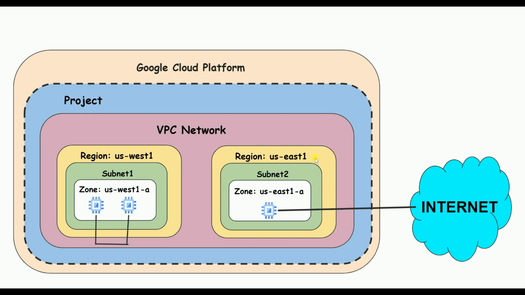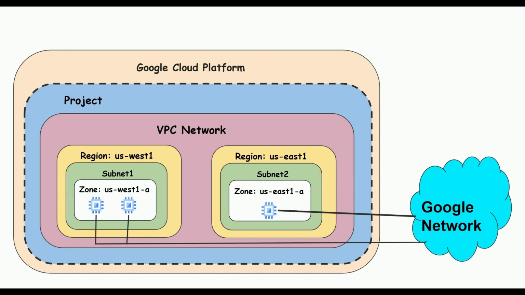Okay, and as you keep this VM open to the internet, people from the internet can access the VM. However, if you're keeping this closed within the GCP, no one can access it from the internet, though it is part of the VPC network, because the VPC network is not exposed to the public, right?